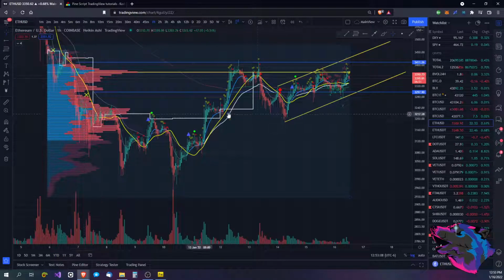And obviously right here, we've got big bars. That's the second highest area. That point of control line was here longer than it has been up here, so it tells you there's a lot of support and resistance in this area.